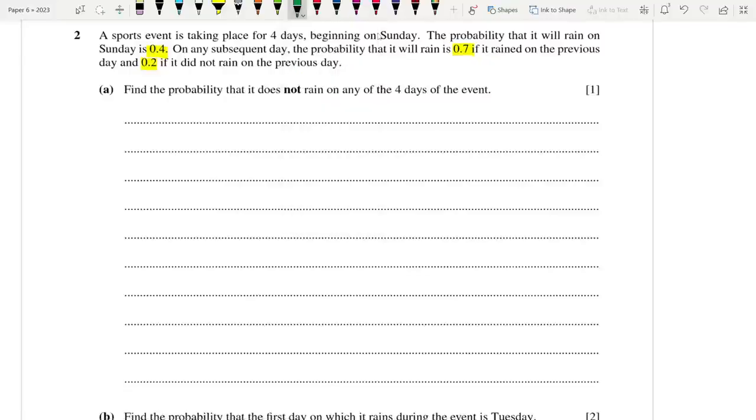Okay, let's see. So we have Sunday, Monday, Tuesday, and Wednesday. So the first step is, it might rain and it might not rain.